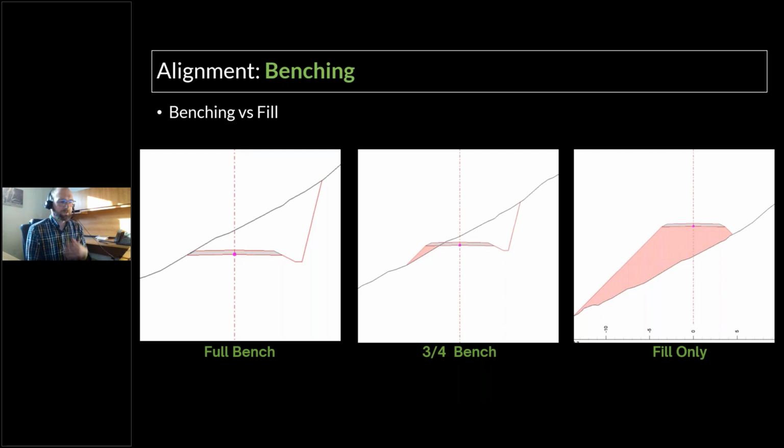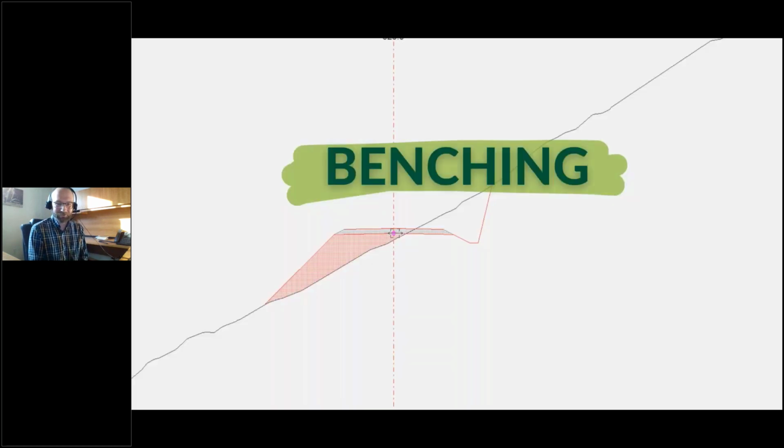So in this case, if you're dealing with a specialist and they tell you that you need to have your road in full bench construction here, well, that thing that you weren't giving much attention to when you're balancing your cuts and fills, it becomes a control point. And we want to make sure that we follow that prescription. And that prescription isn't a new template, it's moving your alignment.